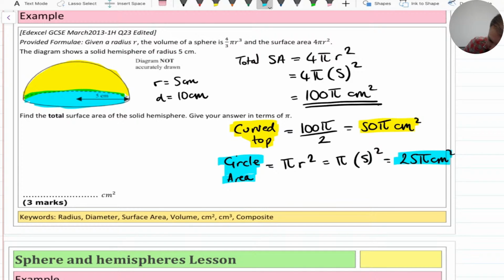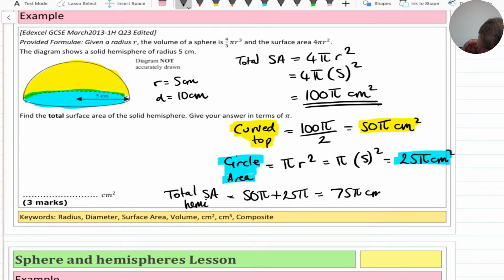So the total surface area of the hemisphere is equal to 50 pi plus 25 pi, which is equal to 75 pi centimeters squared.